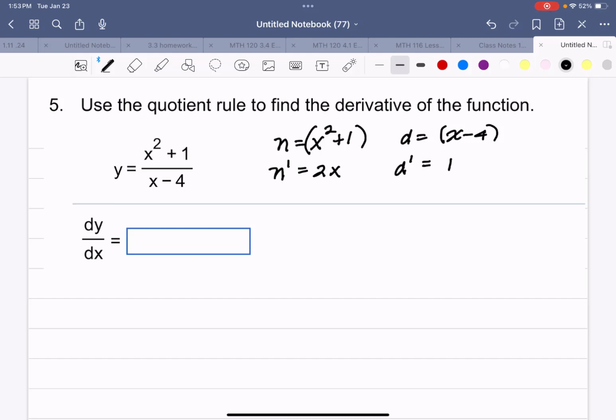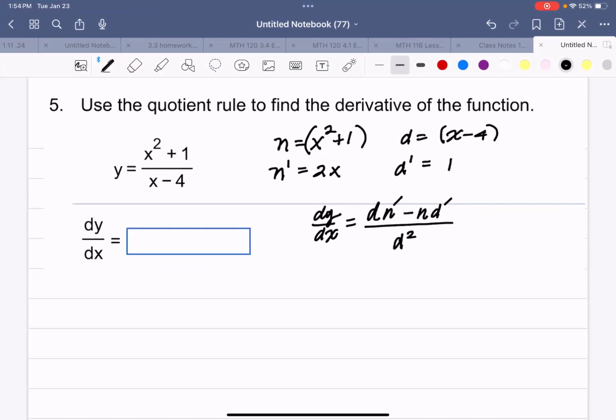So remember our rule. Our dy dx is going to be denominator times derivative of the numerator minus numerator times derivative of the denominator over the denominator squared. And the more times you write that down, the more likely you are to be able to remember the formula and to understand what it's doing.